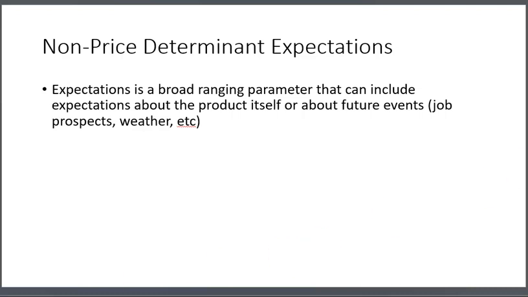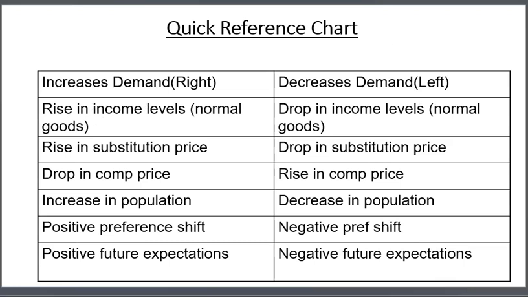Okay? So those are the major determinants of demand, and those are the things that will shift the demand curve to the right or to the left. If we want to take a quick look at a reference chart here, what are things that will increase demand and move it to the right? Well, if we have normal goods, increases in income, a rise in the price of substitute goods would cause the demand for a good to increase.